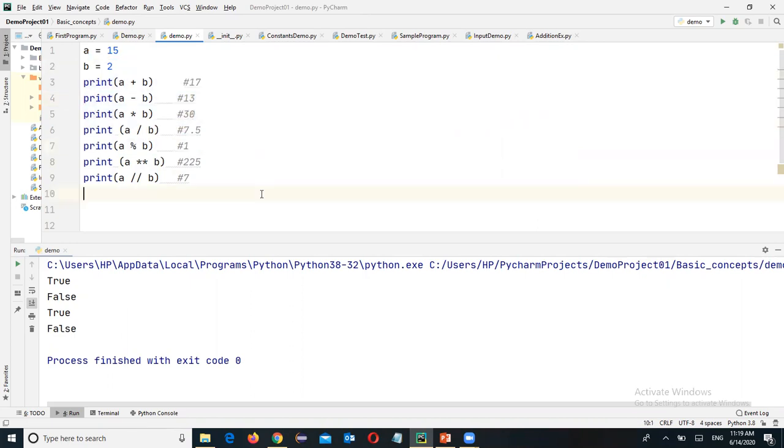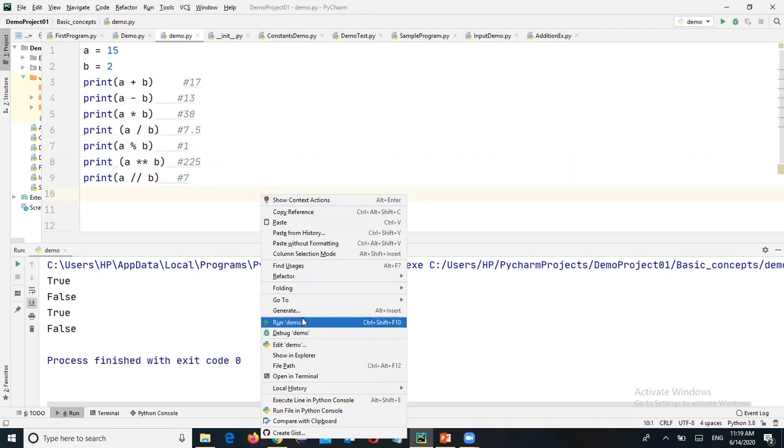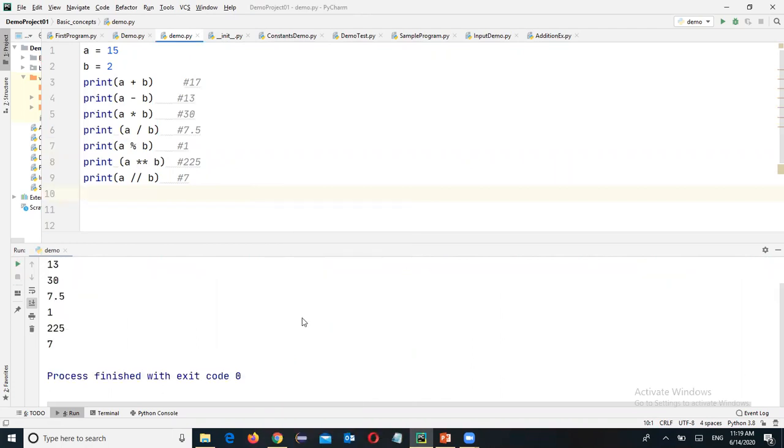Now see, I'm going to run it. So the output comes like this. Suppose you want to display some messages too. How can we do that?